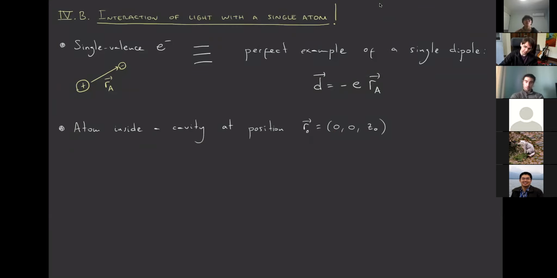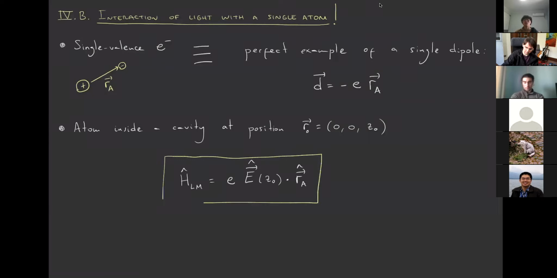And then the interaction between light and matter in this case is just given by the product of the quantized electric field inside the cavity times the dipole moment, which is E times R. And of course, R is quantized as well. So I hope this is clear.